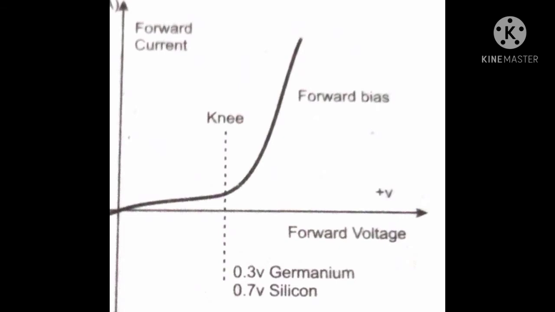The point at which the current rises sharply is known as the knee point. The corresponding voltage is known as the knee voltage. It is 0.3 volt for germanium and 0.7 volt for silicon.